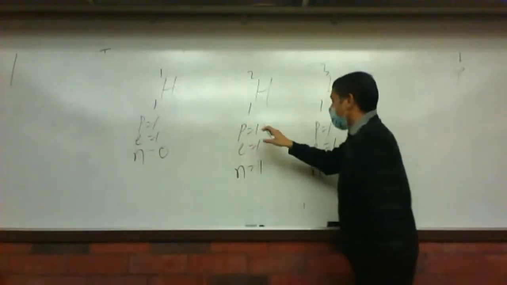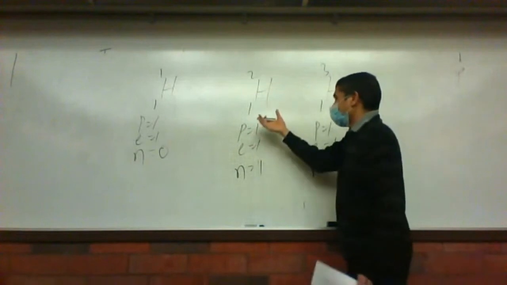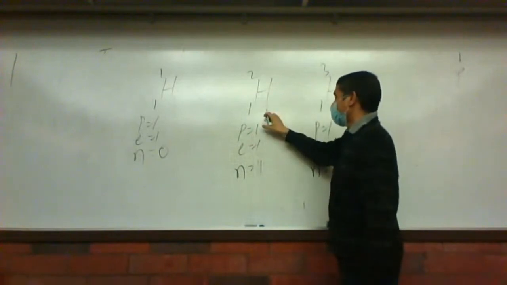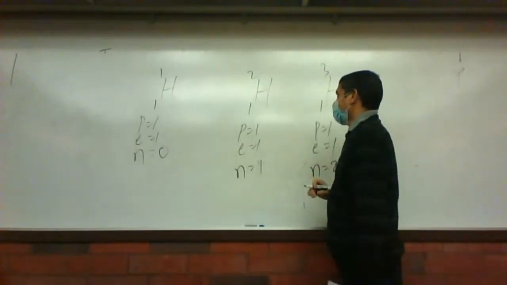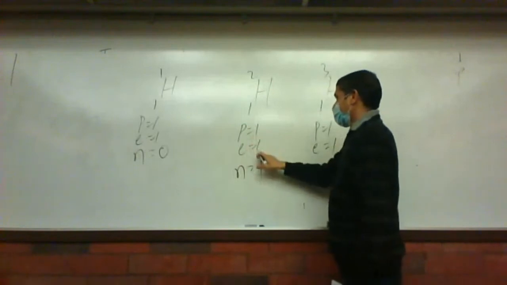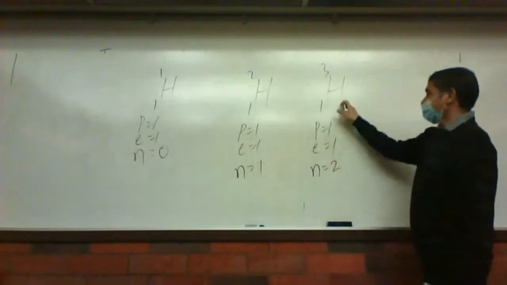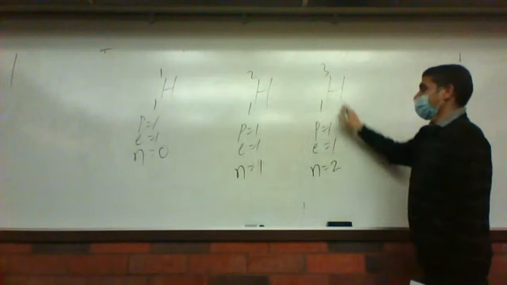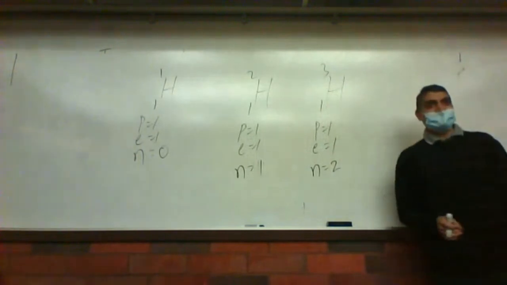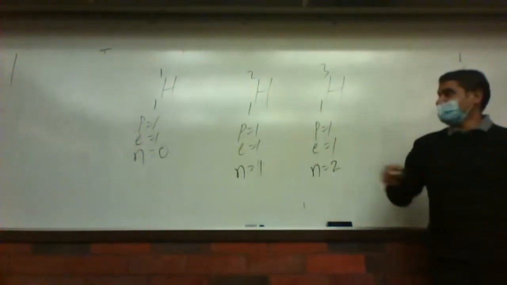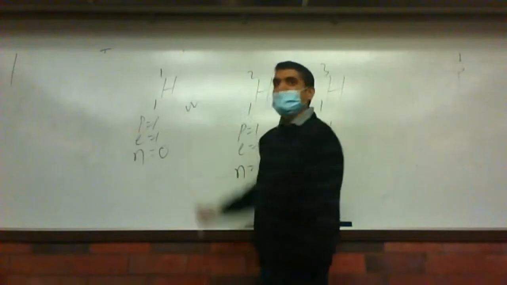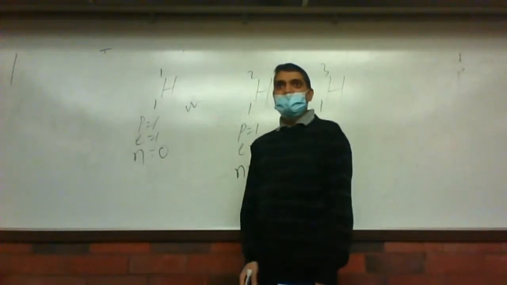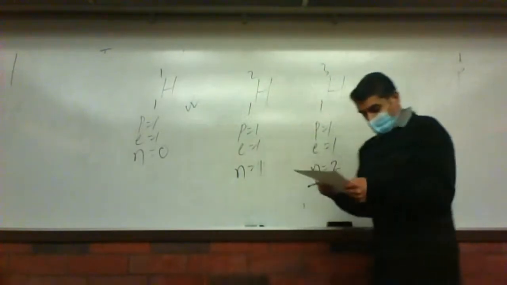A little bit, a tiny amount, is the 1 proton, 1 electron, 1 neutron type, and the other is almost non-existent, very, very tiny. So this is the most abundant isotope of hydrogen in water. Okay, good.